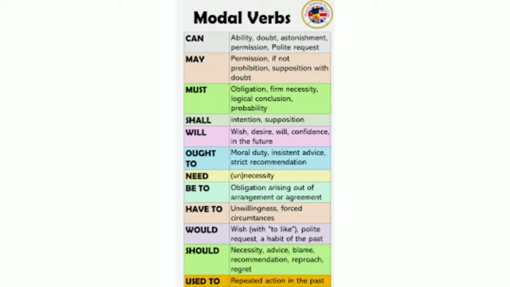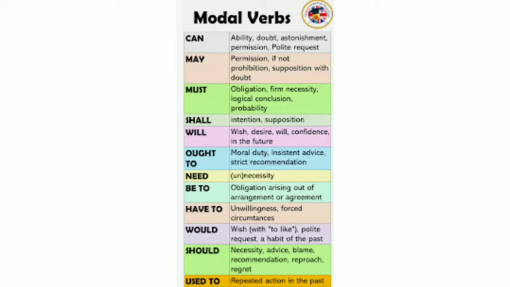Okay, if we are using may, it shows the permission if not prohibition, supposition with doubt. That means it may happen or may not happen. Both situations can be there. Can similarly shows the ability, doubt or astonishment. I can do this. It is showing my ability that I can do this.